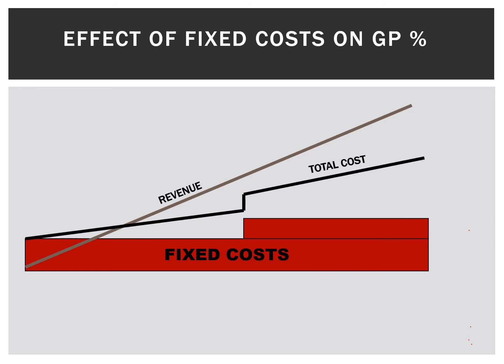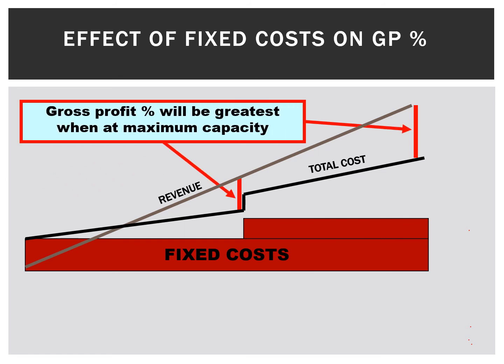That will give us an actual total cost figure for production shown in the graph there, and if you consider that, you'll see that at these two points the gross margin, the gross profit percentage, will be greatest when we're making full use of our manufacturing facilities, when we're working 7 days a week, 24 hours a day.